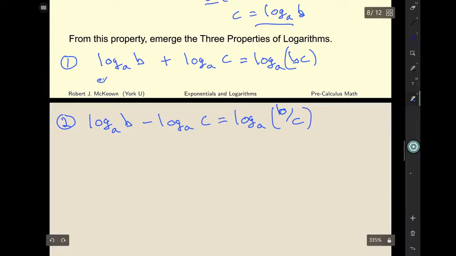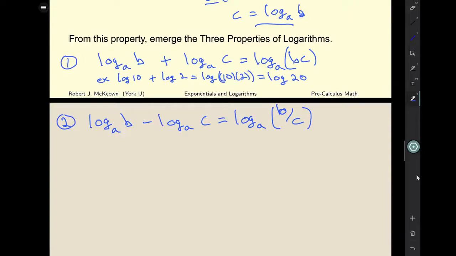So for example, maybe we have log base 10, 10 plus log base 10, 2. That's like writing log base 10, 10 times 2, which is equal to log base 10, 20.